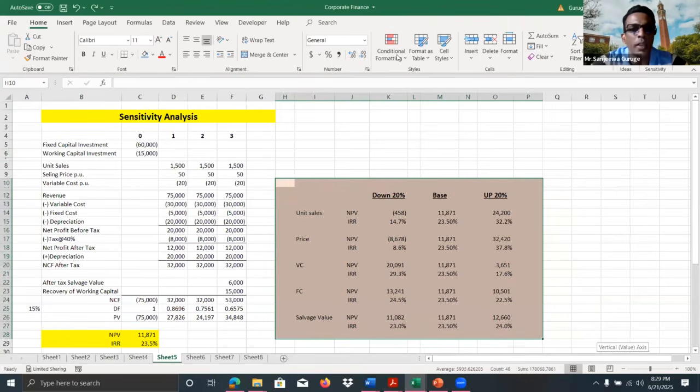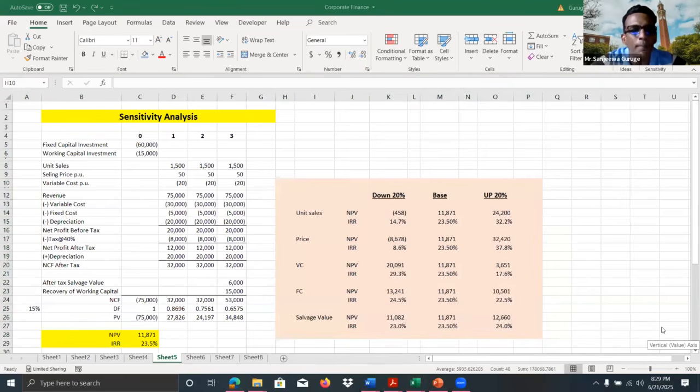Why? If the selling price of the product decreases by 20%, what will happen? The positive 11,800 NPV will change to negative 8,600.